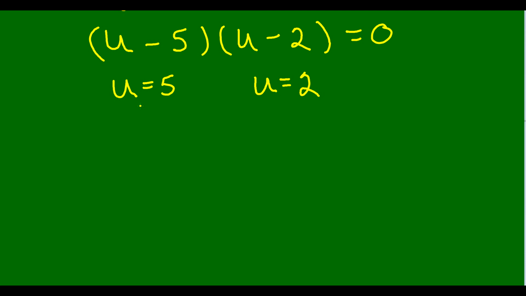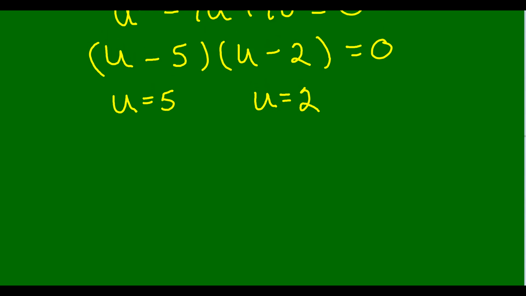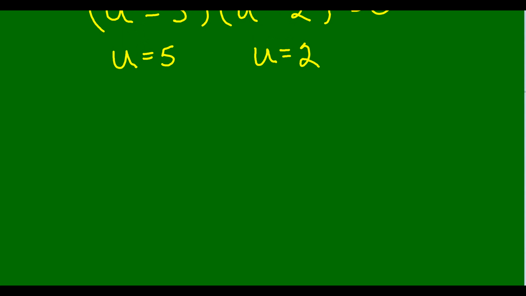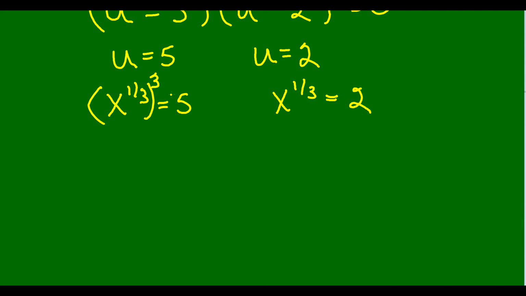But this isn't my answer. I've got to substitute the value of u, which was that u equals x to the 1/3. So I'm going to put x to the 1/3 equals 5, and x to the 1/3 equals 2. And now I want to isolate my x here on the left side. So that means I have to raise both sides to the power of 3.